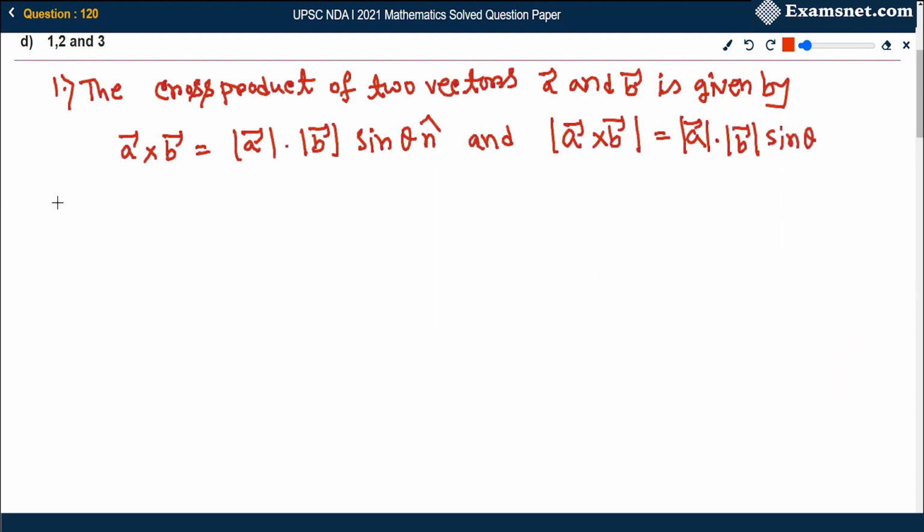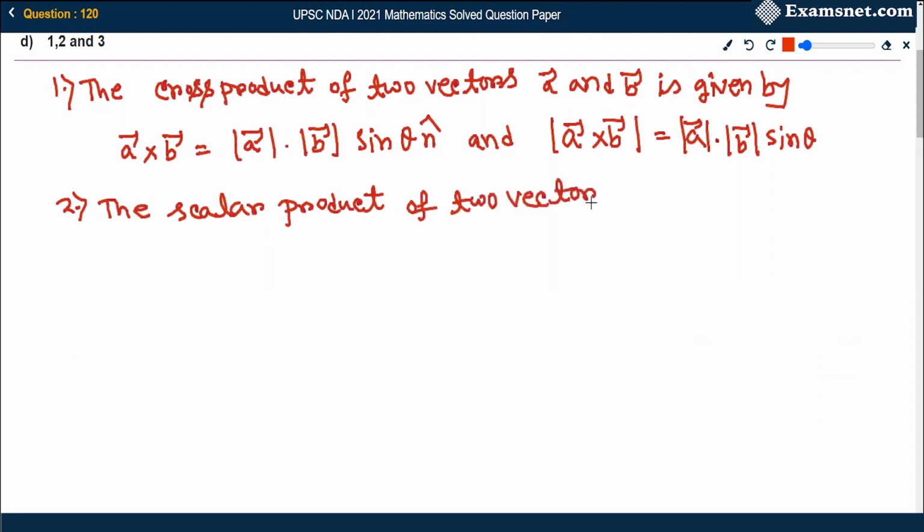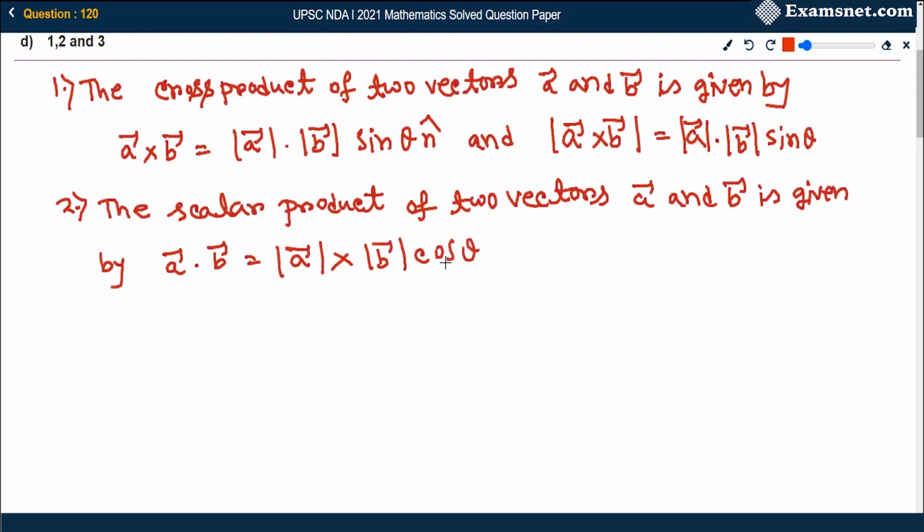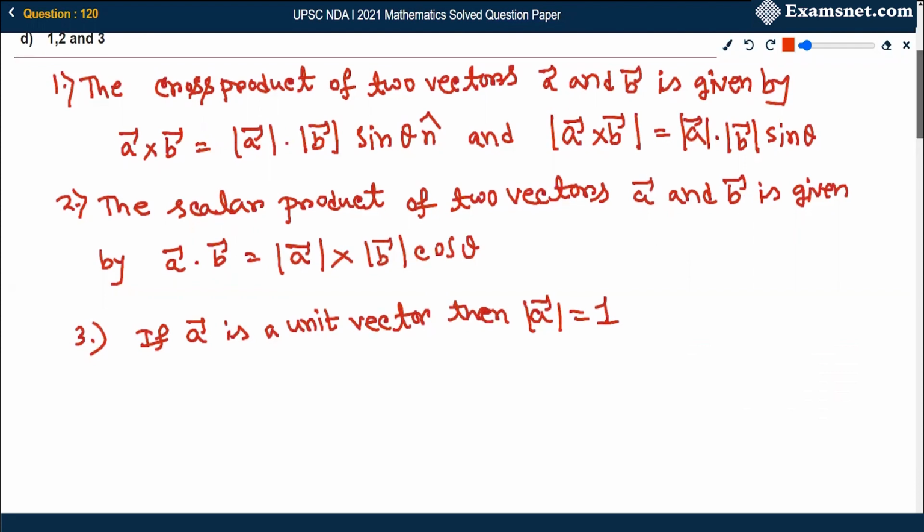Next, the scalar product of two vectors A and B is given by mod of A mod of B cos theta, and also if E vector is a unit vector, then mod of E vector is 1.